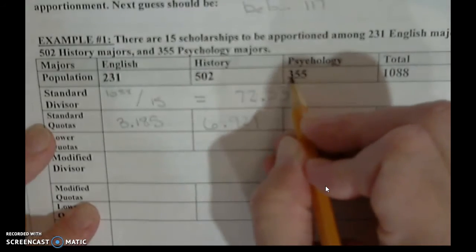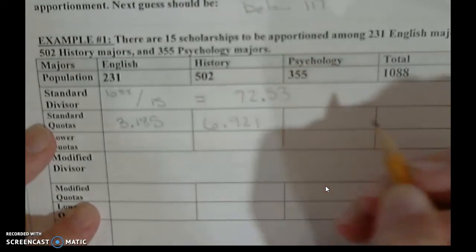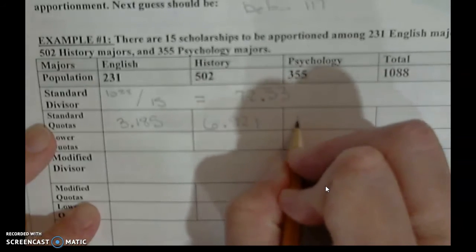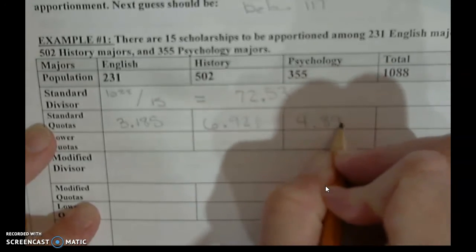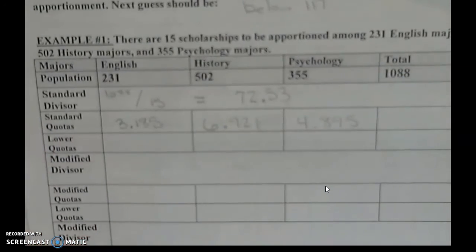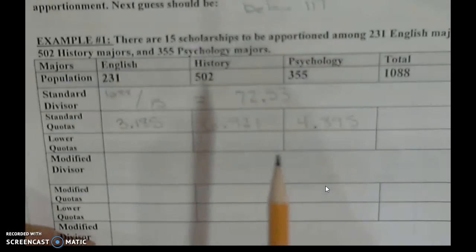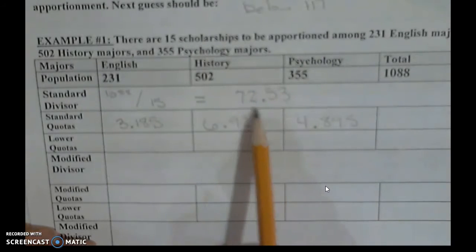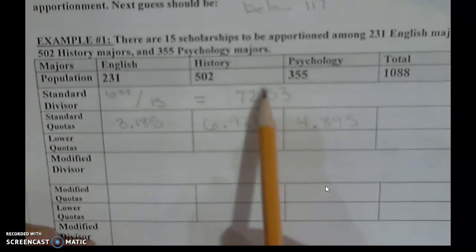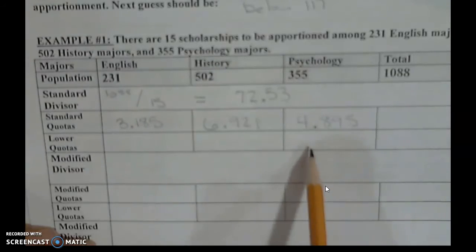And then 355 divided by 72.53 is 4.895. Now remember, in the context of this problem, we're saying that for every 72.5 students, you should give out a scholarship. And that's why we have the 3, the 6, and the 4.